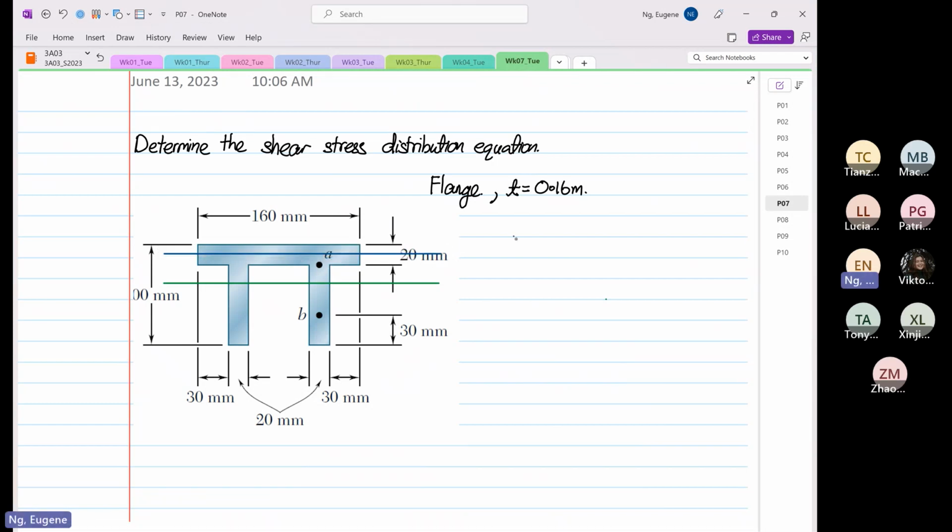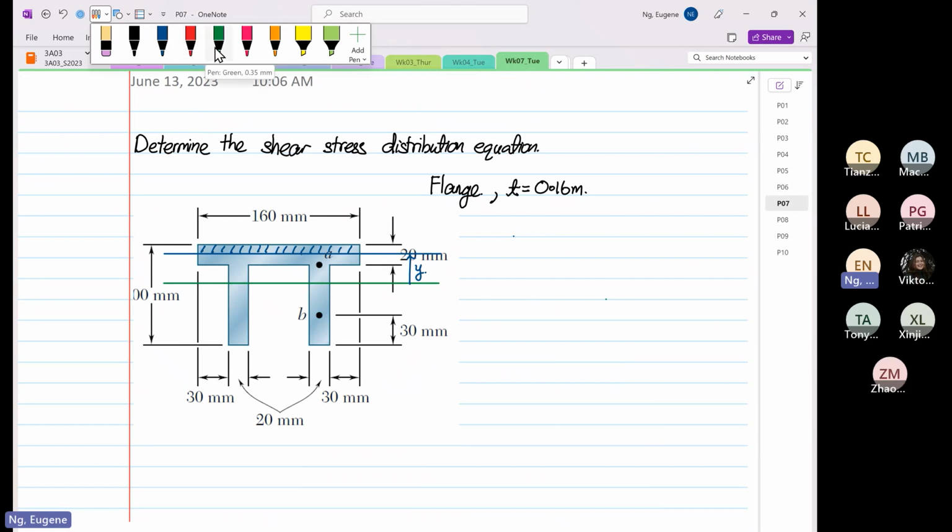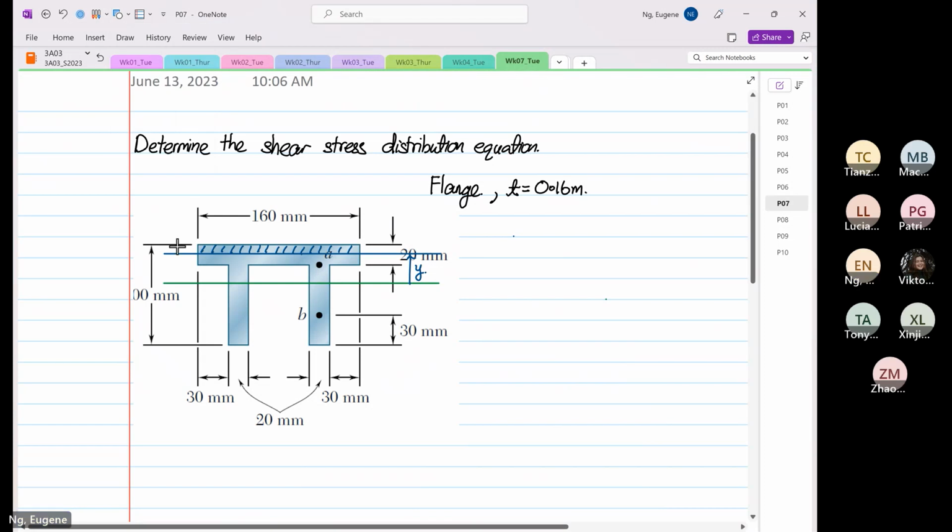So this is our y. This is the area of interest. Then we have to find our y bar. So this green line I drew over here is your y bar.